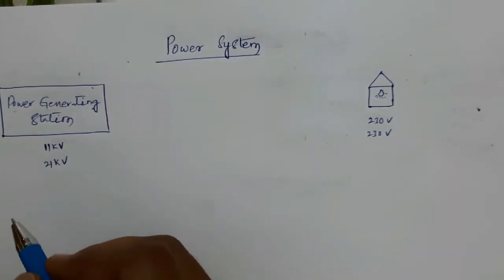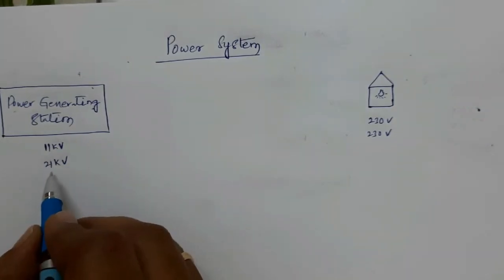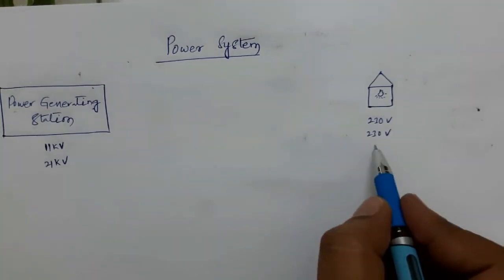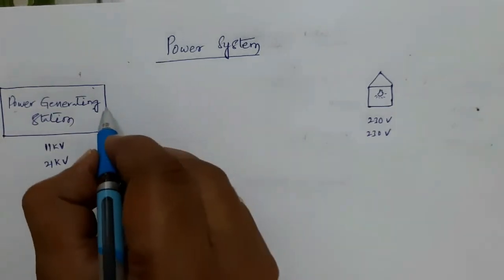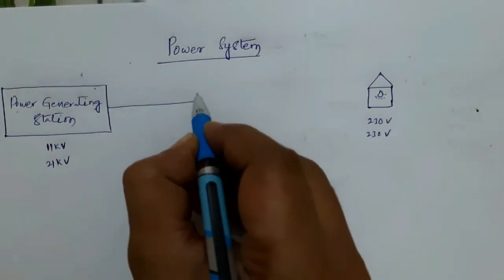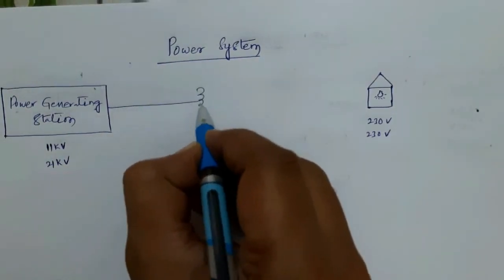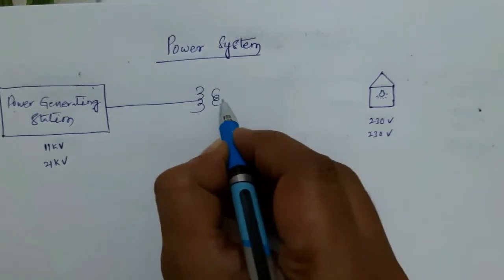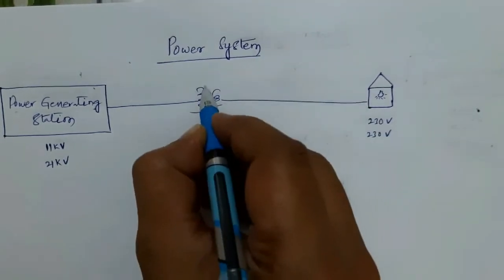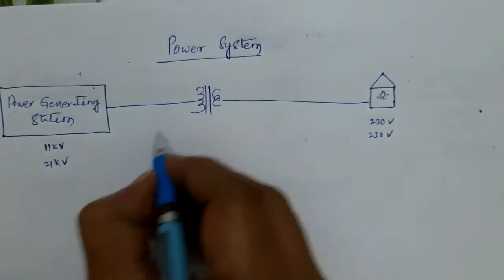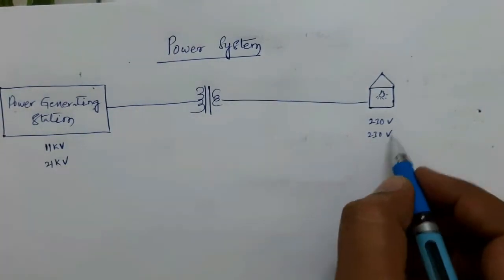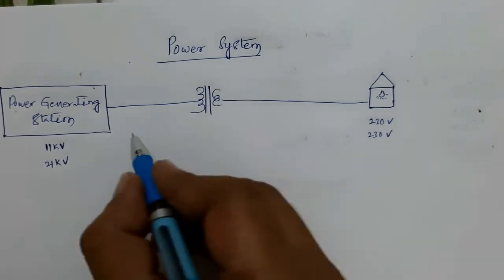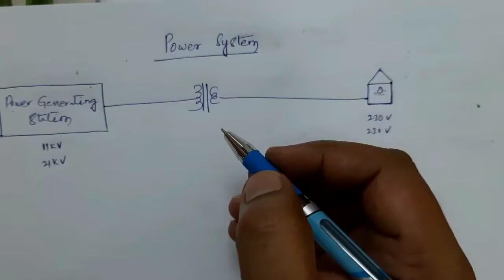In order to reduce these voltage levels to the required voltage levels, we should use a device called a transformer, which steps down the voltage level from 11 kV to 230 volts in the power system.